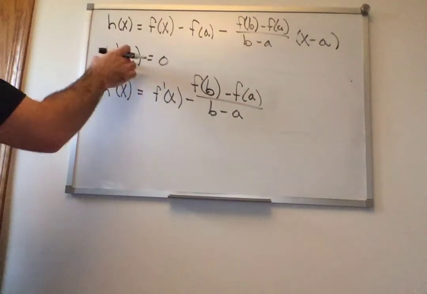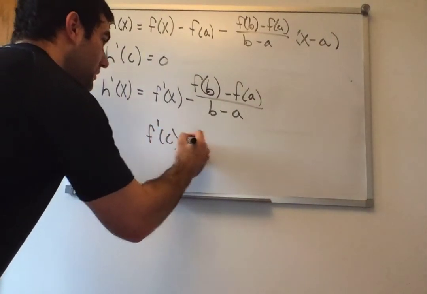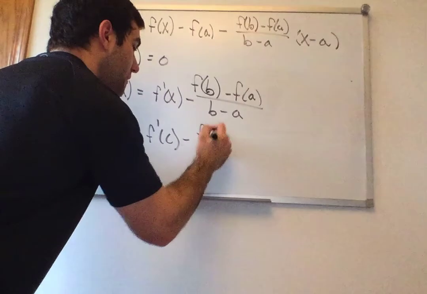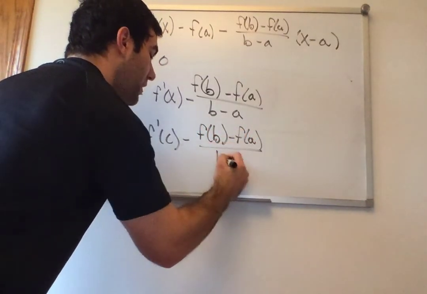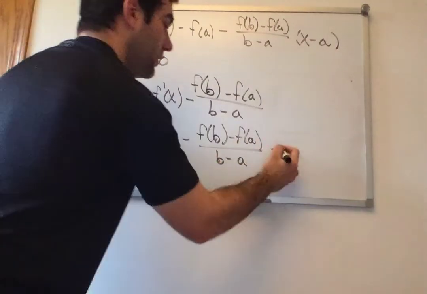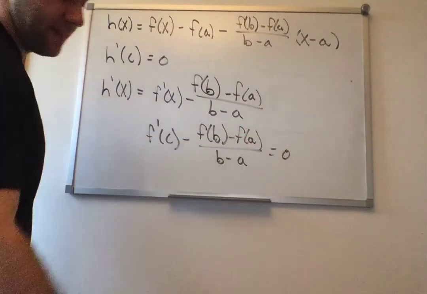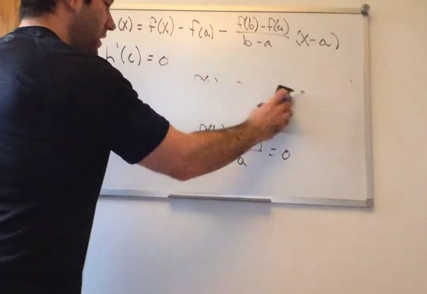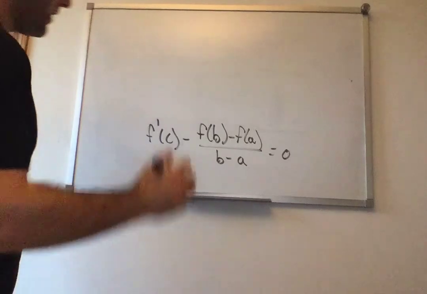And now we plug in c, set it equal to 0. F prime of c minus f of b minus f of a divided by b minus a equals 0. And now all we have to do is add that to the other side, and we get our final result, which is the result of the mean value theorem.